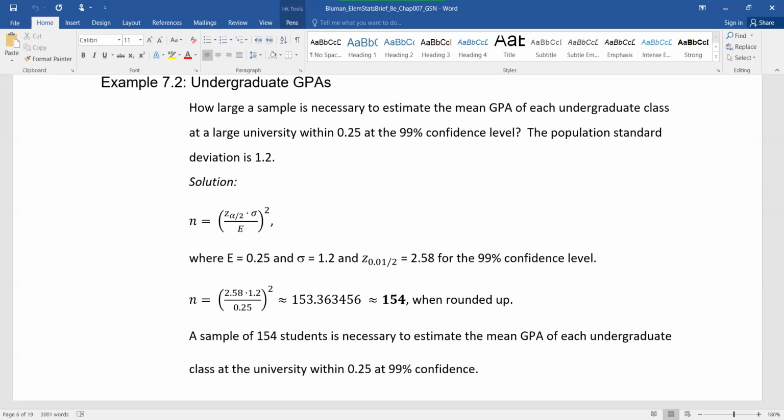It says, how large a sample is necessary to estimate the mean GPA of each undergraduate class at a large university within 0.25 at the 99% confidence level, where the population standard deviation is 1.2. When you see that "within" part, that's your margin of error.